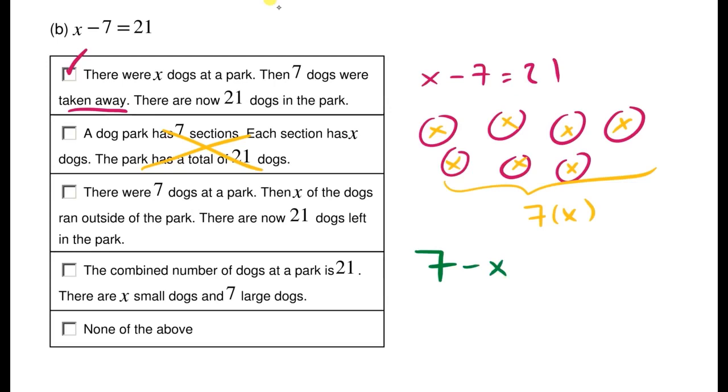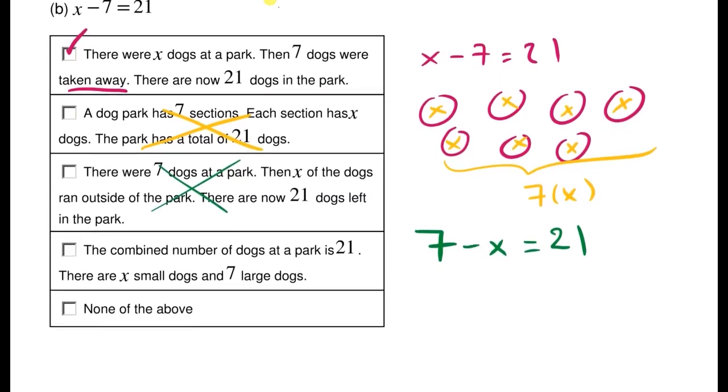Then now the total is 21 dogs left in the park. I don't think scenario 3 is the correct answer. We want X take away 7, not 7 take away X. And it doesn't make sense because they say 7 dogs at the park, and then there are now 21 dogs left in the park. So how can you have 7 dogs and now you end up with 21 dogs?